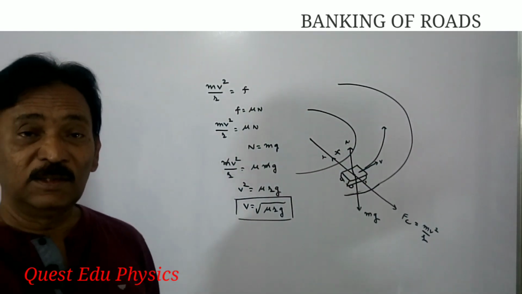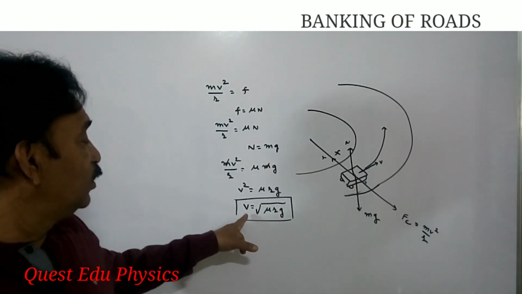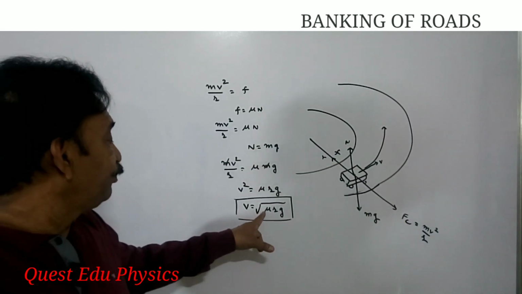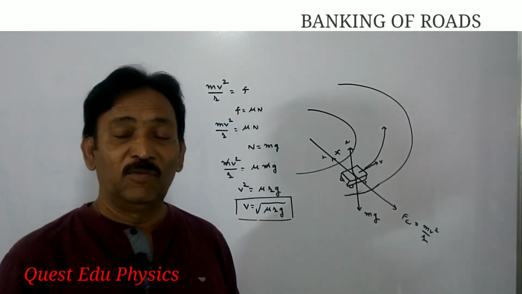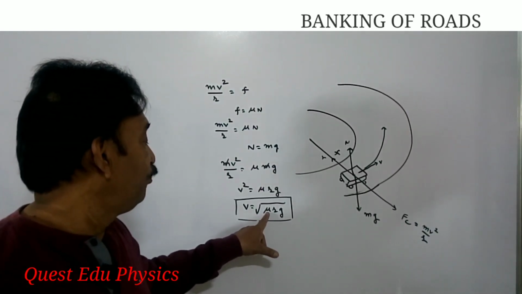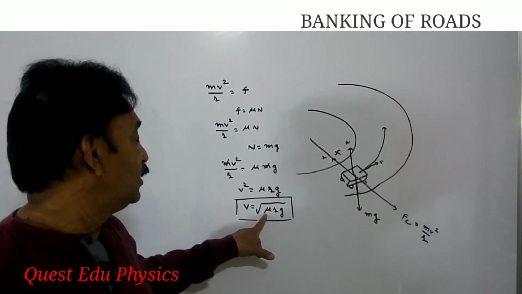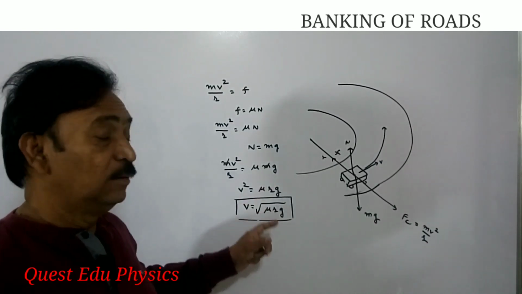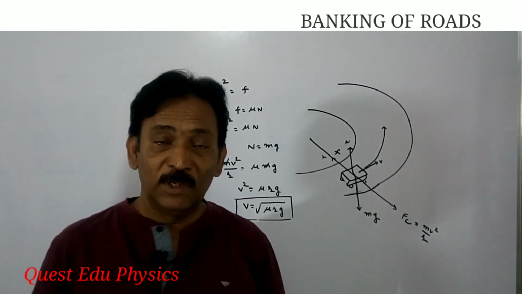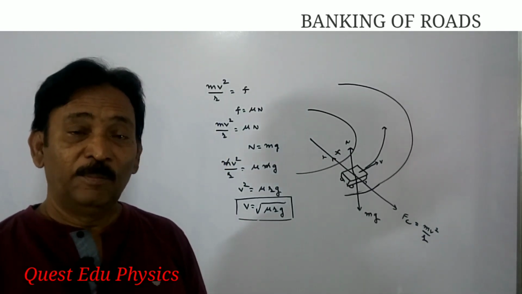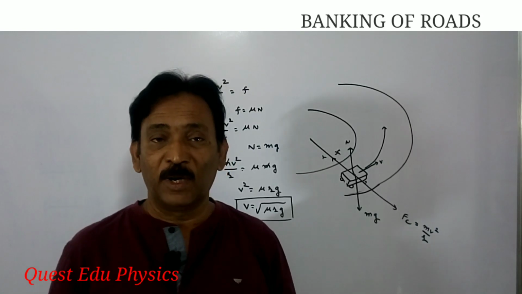If the vehicle is moving with this velocity, then it will move safely. A lot depends upon the friction between the road and the tires as well as the radius of the circular path. Generally, when we are traveling, we see some signboards: maximum speed limit is 40 km per hour.